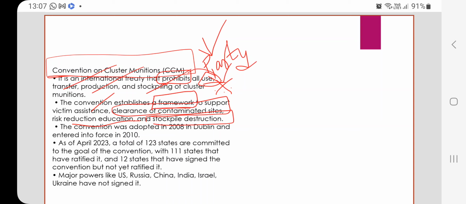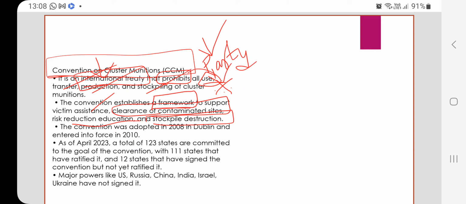It is a legal obligation taken by the parties to completely destroy the cluster weapons they are keeping. So they are not only prohibited from using but also from stockpiling, transferring and producing these cluster munitions. So they are definitely prohibited from using them in conflicts.